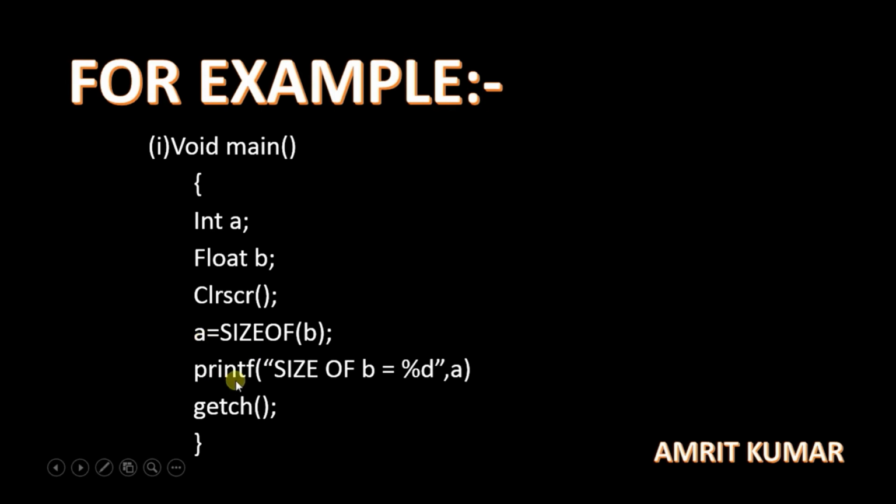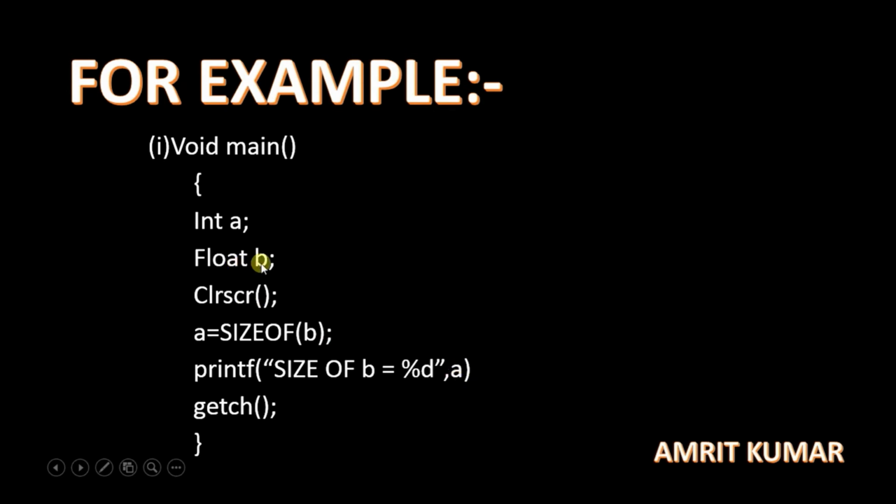After that I have used the printf function, whose work is to print whatever is written in the double quotes. So sizeof b equal to percentage d, comma a, because whatever the size of b is, it is going to be stored in variable a. So we write sizeof b equal to percentage d, and this percentage d is replaced by the value stored in variable a.